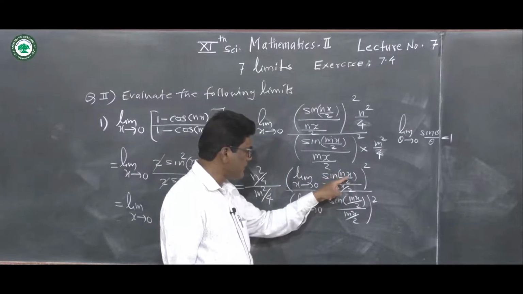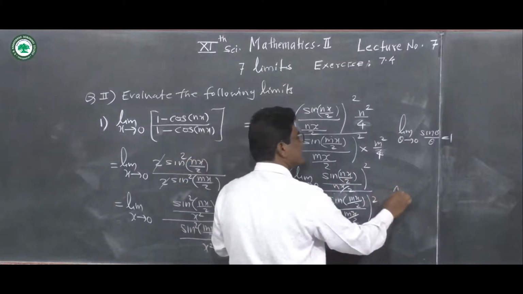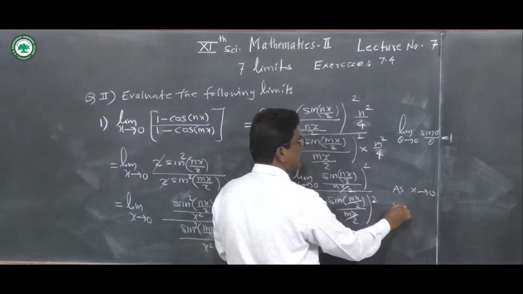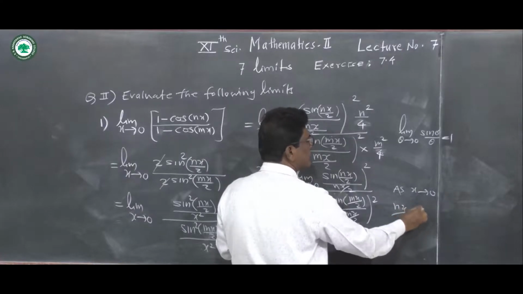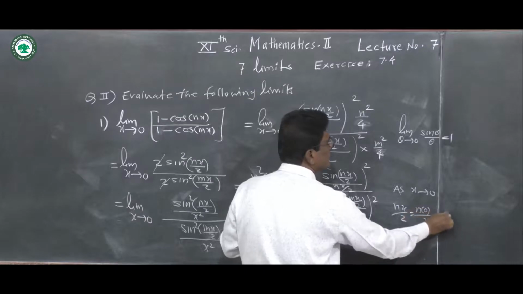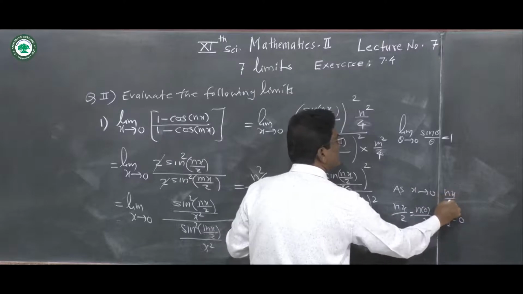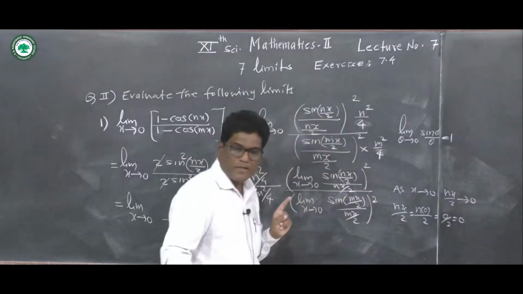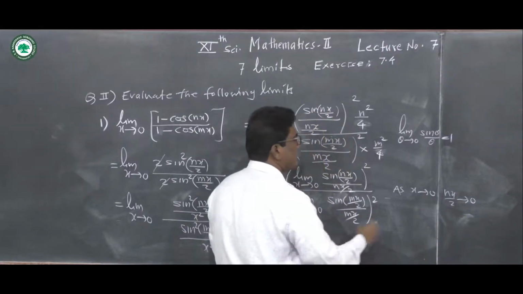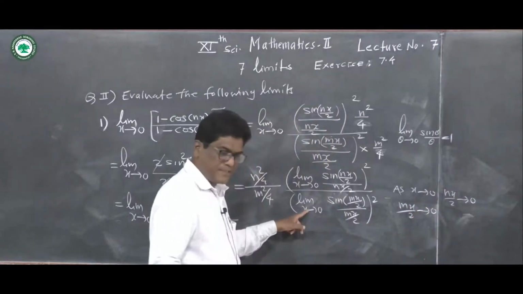Now observe, in sine nx divided by 2 divided by nx by 2, the angle of sine is the same, and this should tend to 0. We know that as x tends to 0, nx upon 2 is equal to n into 0 upon 2, which is equal to 0. So nx upon 2 also tends to 0, and also in the denominator mx upon 2 tends to 0 because x tends to 0.